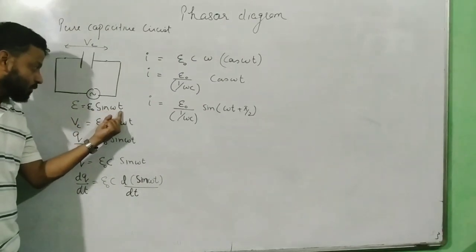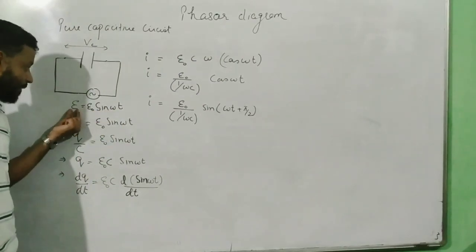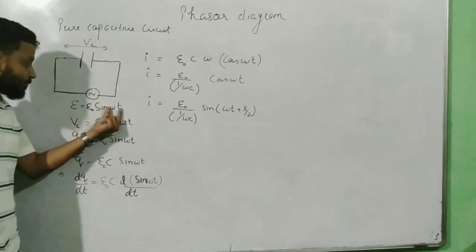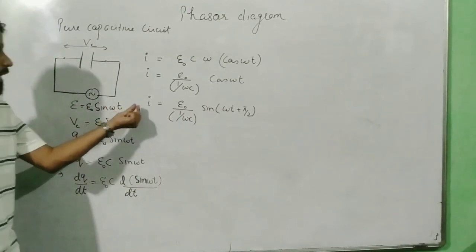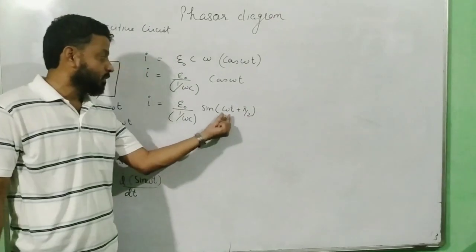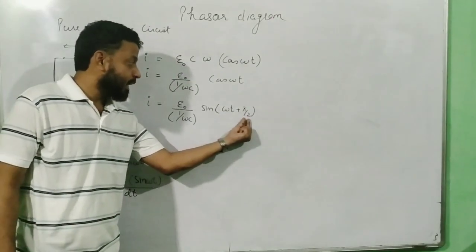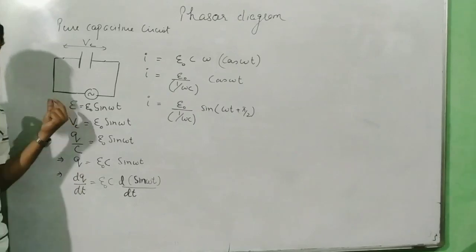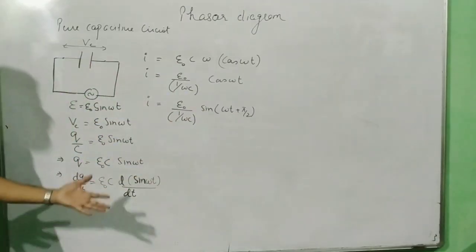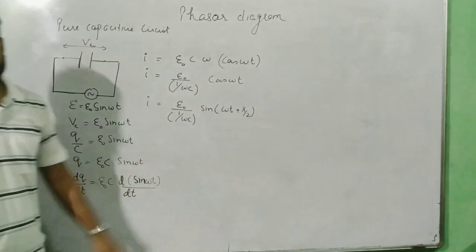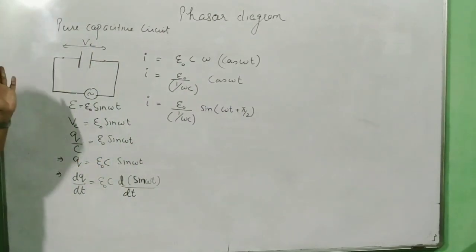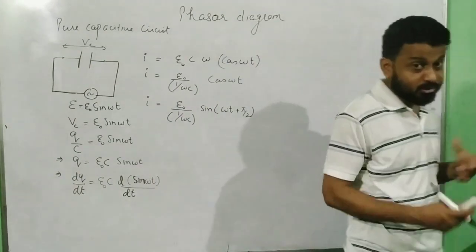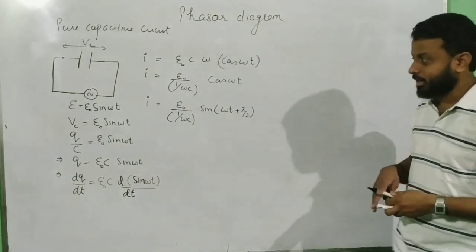At t equal to 0, when EMF has a phase of 0, current has a phase of pi by 2, because this term becomes 0, but still it has a phase. What does it mean? At time t equal to 0, when your EMF is 0, still you have a current in the circuit. That's the beauty of alternating current. And now this is where we are going to start. The actual alternating current starts now.